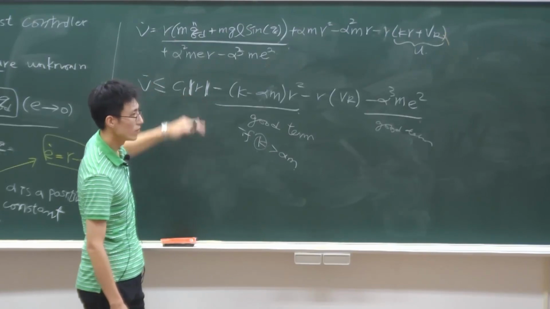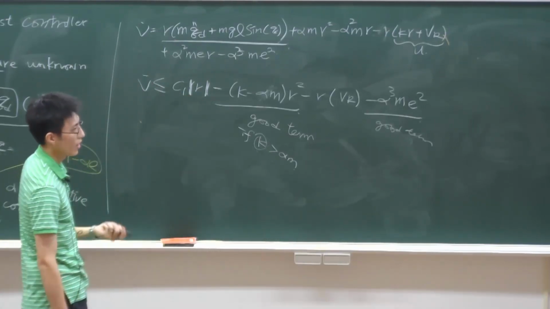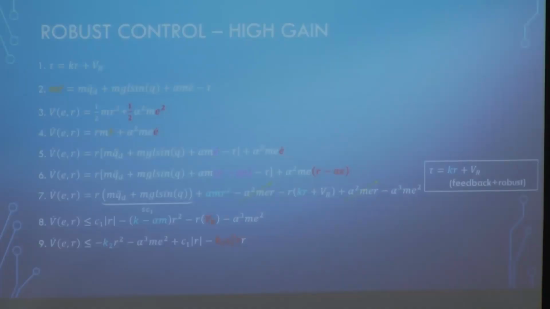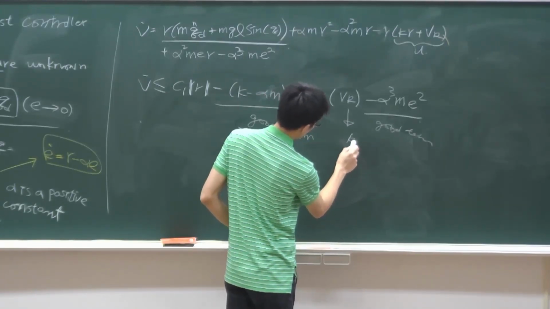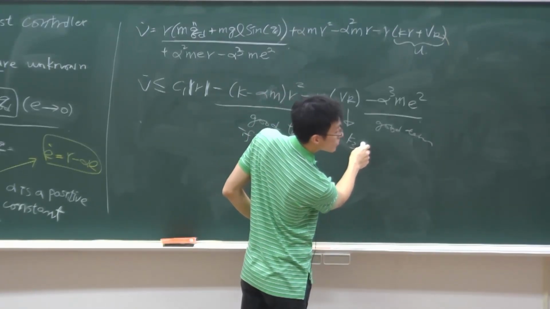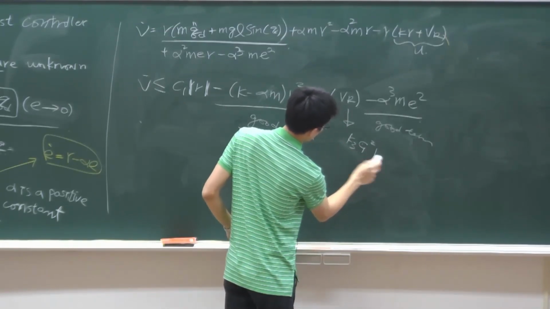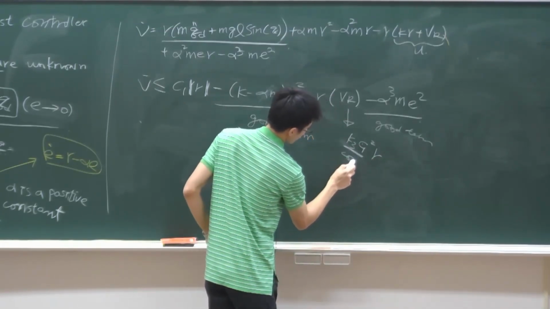And VR, what is VR? Well, it's basically the same. VR is designed to be some K3 R, where K3 here is a constant.